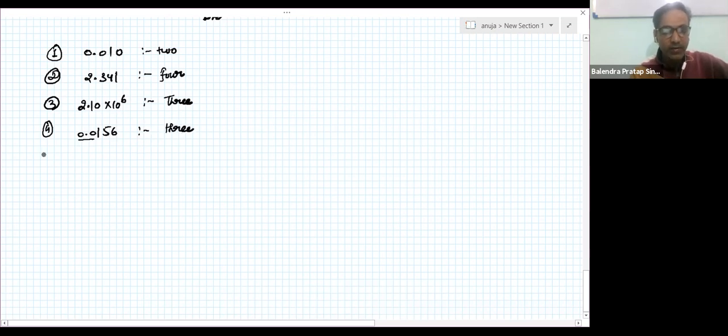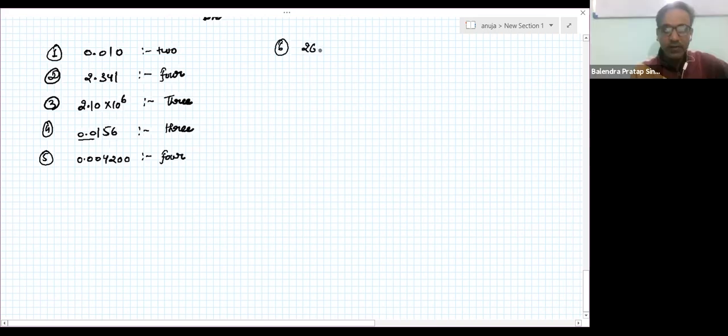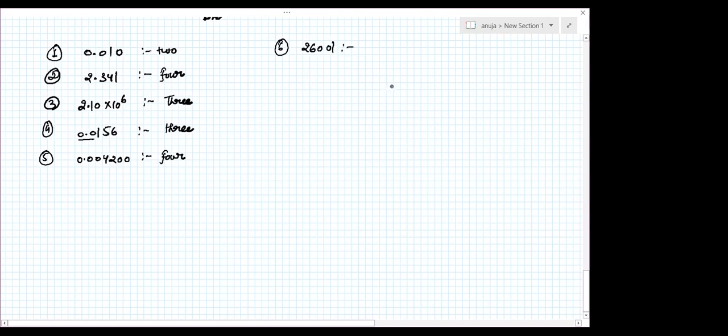Question number 5: 0.004200. How many significant figures here? 4. Very good. Some more. Question 6: 26001. How many significant figures here? 5.